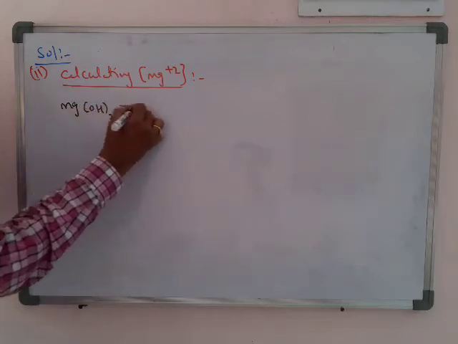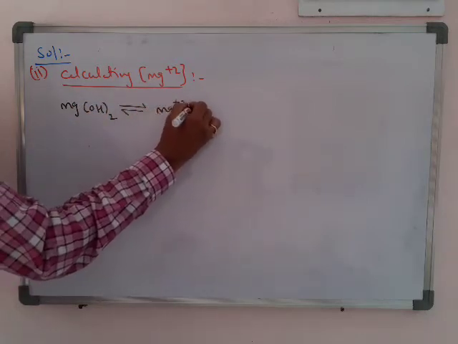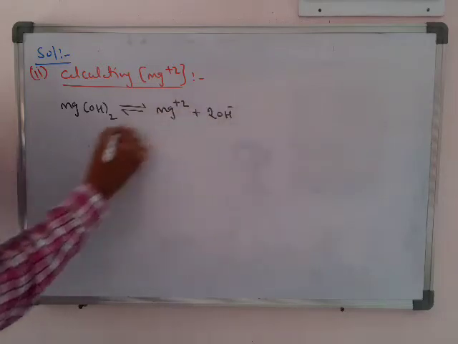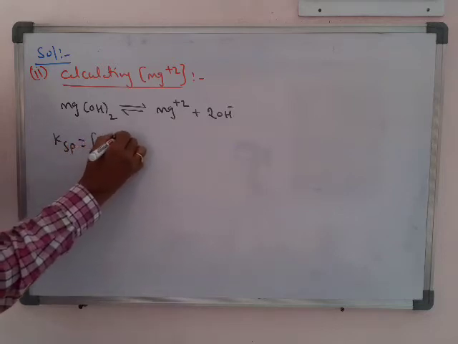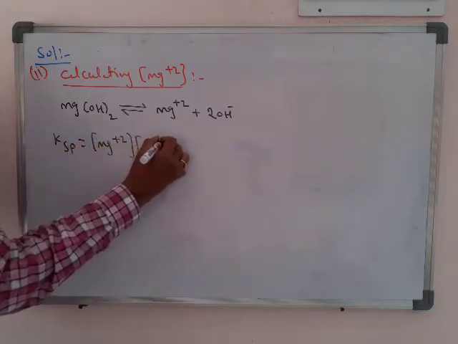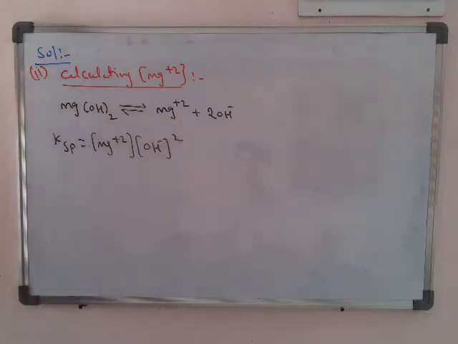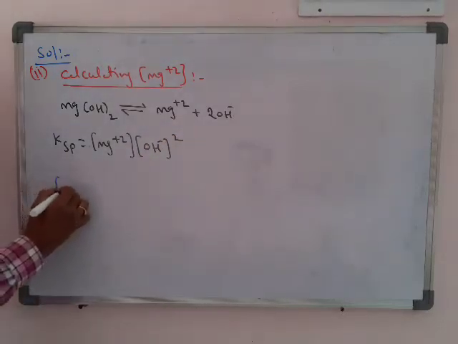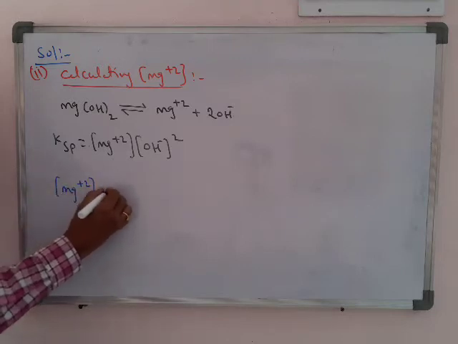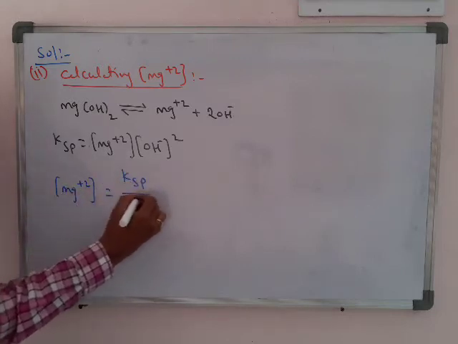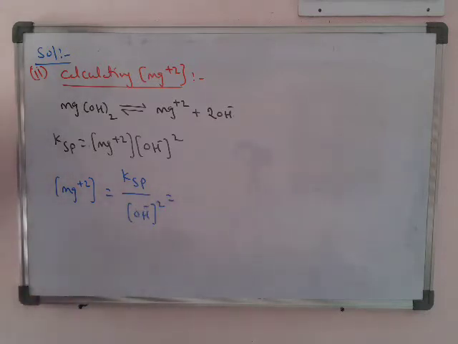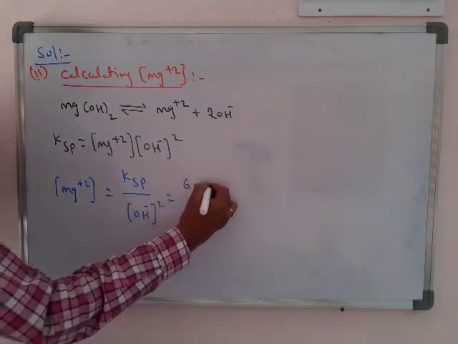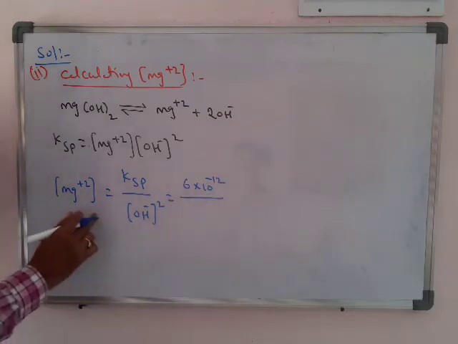It is given magnesium hydroxide. What is the Ksp of magnesium hydroxide? 6 into 10 minus 12 is given. Then what is the OH minus value?